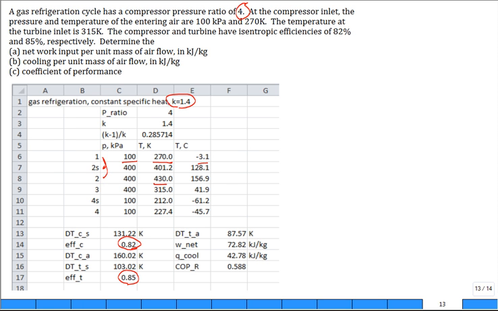So it ends up to be 430 Kelvin, or almost 160 degrees C, after the compressor. That's quite hot. You can reject some heat away from that. Cool it down to about 42 degrees C. Expand it through the turbine with 85% efficiency, and now you're very cold at negative 45 degrees C. You can really provide some cooling.